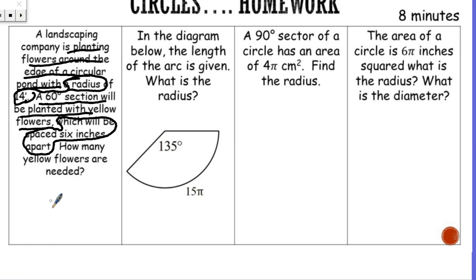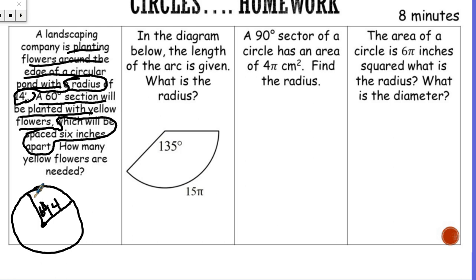Okay, so let's go in here and draw a picture. We draw a picture. We got a circular pond with the radius of 14 feet. So here we go, 14. And then it says a 60-degree section. So I'm going to go ahead and stick 60 right here. A 60-degree section will be planted with yellow flowers.